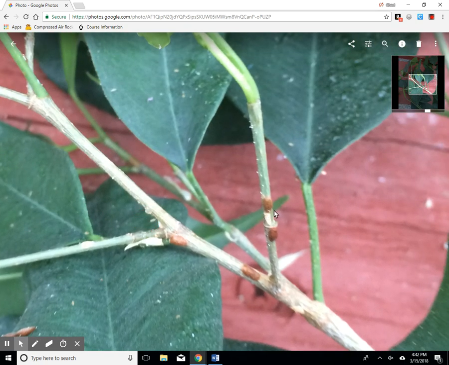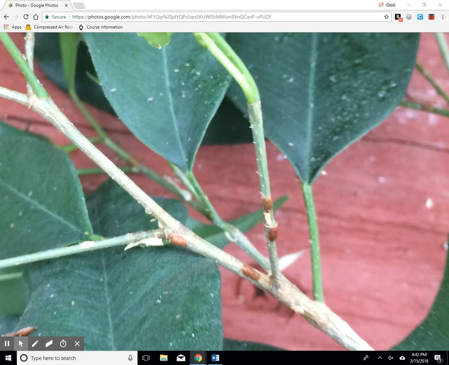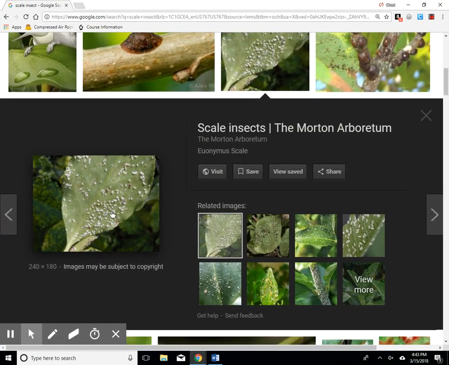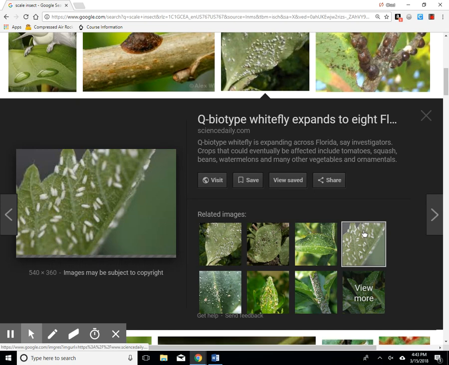When we see these little dots in there, I think that might be something called scale. Scale are little insects that don't really look like an insect per se. They look like a legless insect, and there are all different types of scale. Just these little teeny mounds.